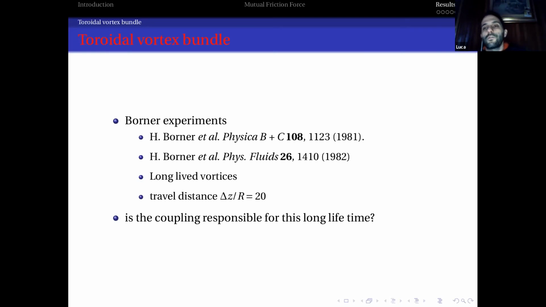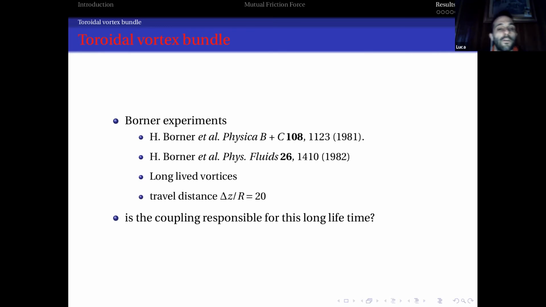They created a vortex ring which was quite likely composed of both a toroidal superfluid vortex ring bundle embedded in a normal fluid vortex ring, as they are created simultaneously. They observed that these structures were long-lived. They travel a distance of the order of 20 radii of the initial structure.